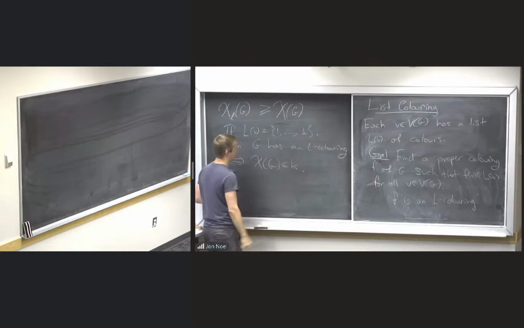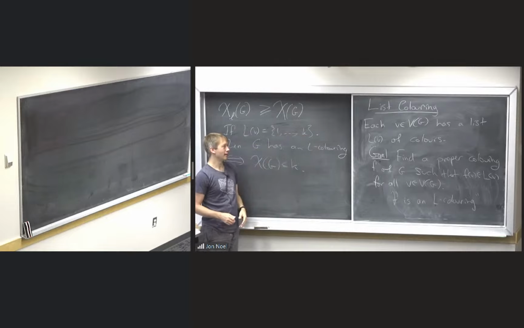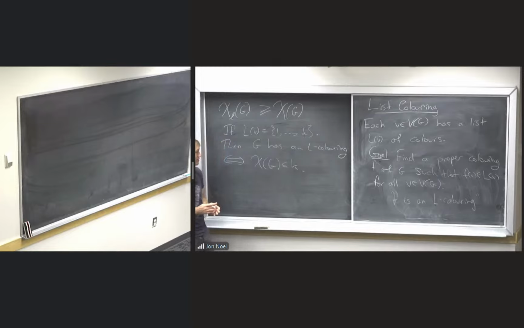So if I gave everyone a list of 1 up to the chromatic number minus 1, there would be no coloring. And so that proves this bound.